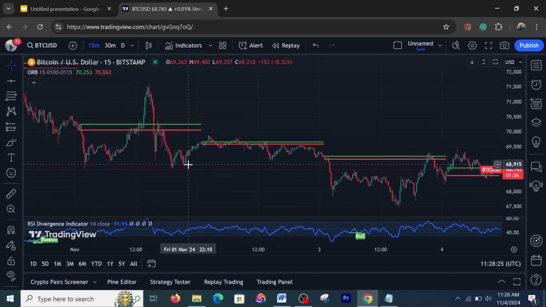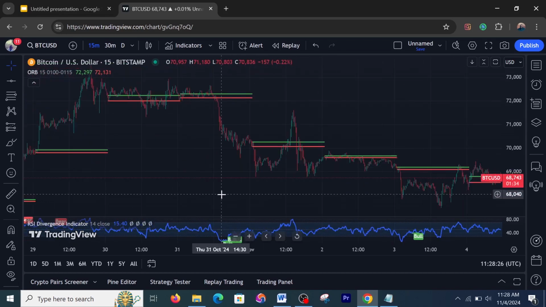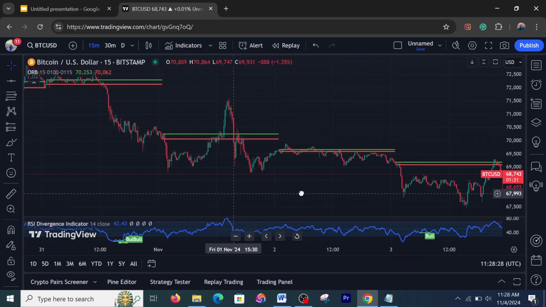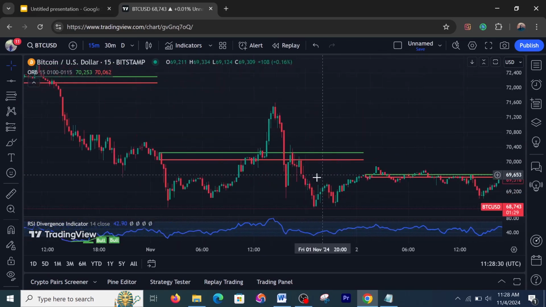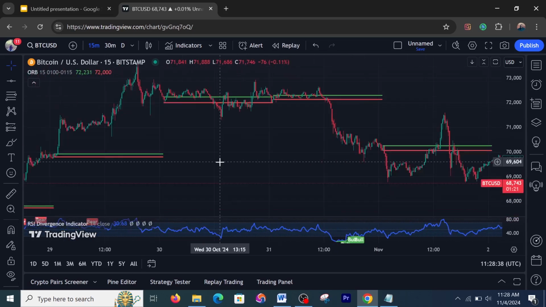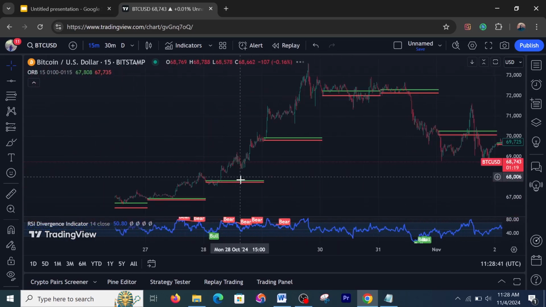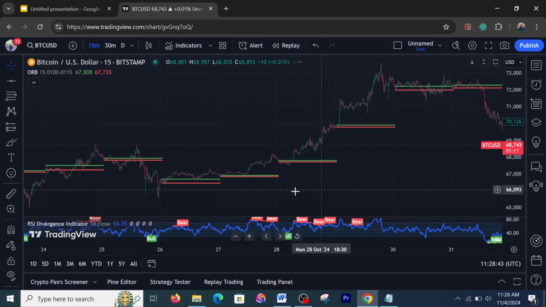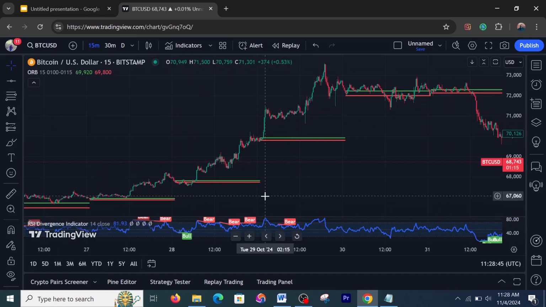So let's see if we can get something. Okay, I think we'll get something here. This is not convincing enough. It's not close to the ORB indicator. We're looking for something very close to the ORB indicator.